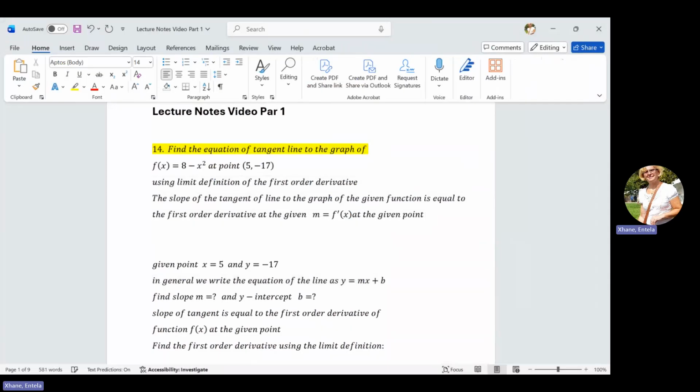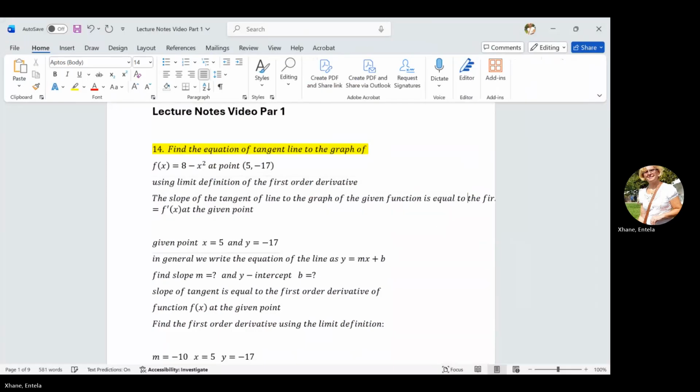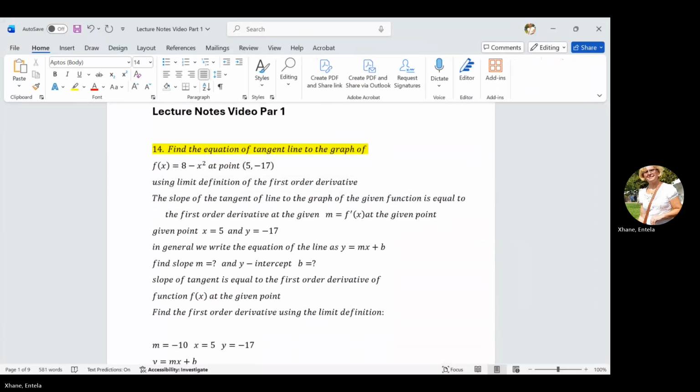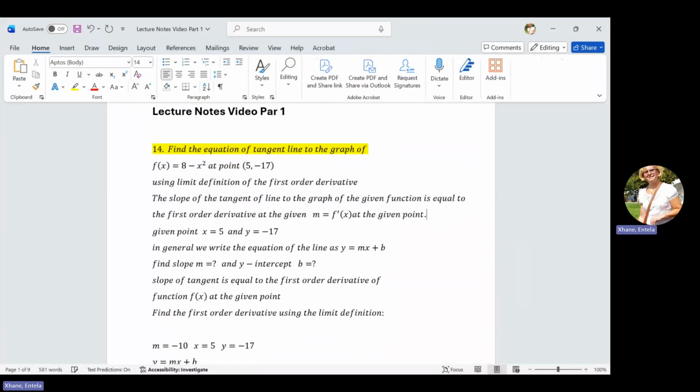Now the question is, how do I find the slope?